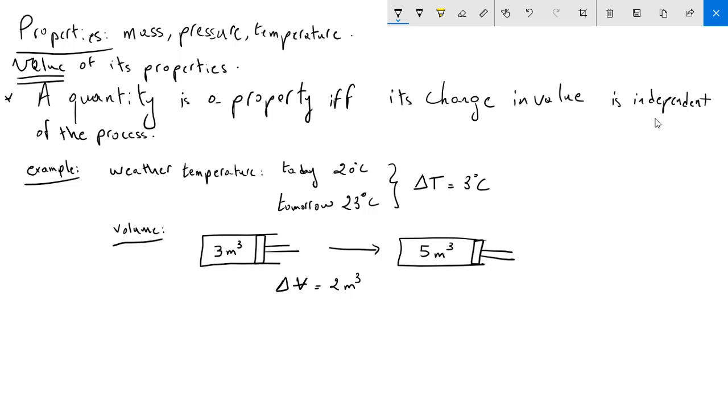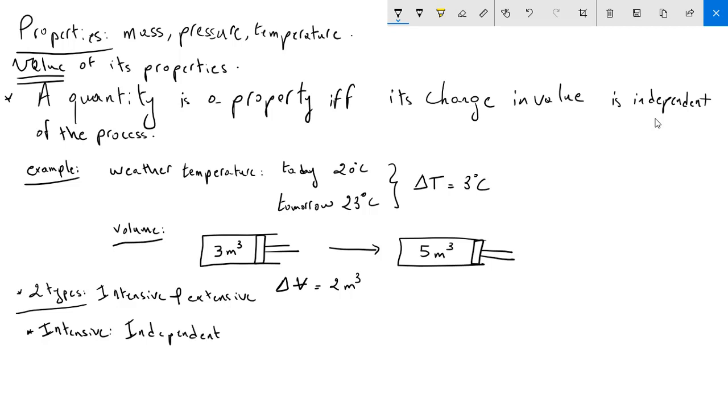We have two types of properties: intensive and extensive. For a property to be intensive, its value is independent of the size of the system.